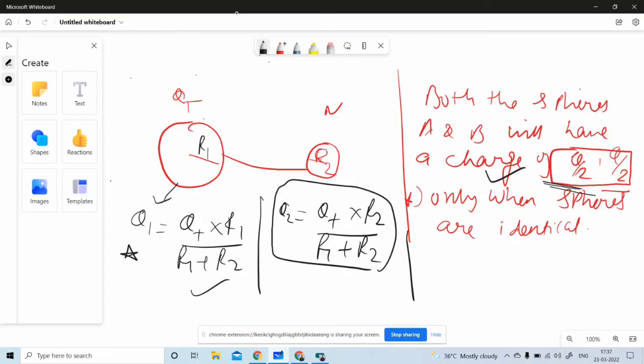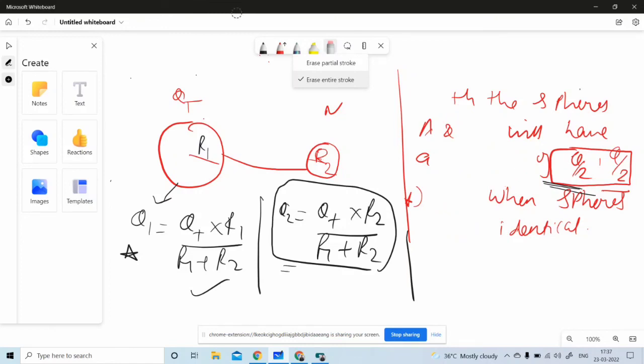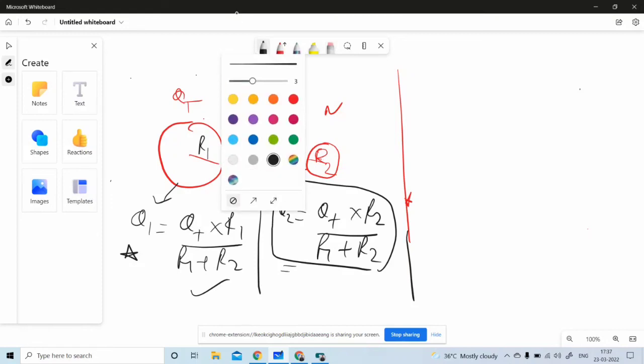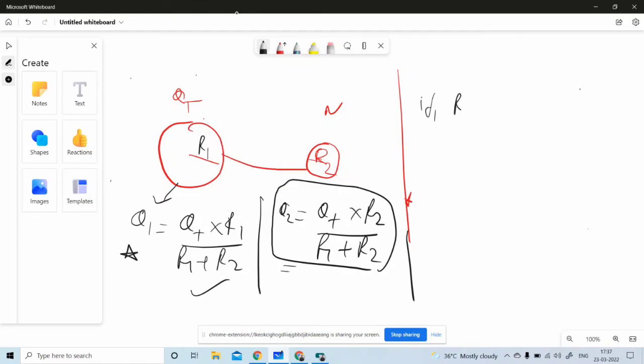In this formula also, suppose both have the same radius, that means r1 equals r2 equals r.